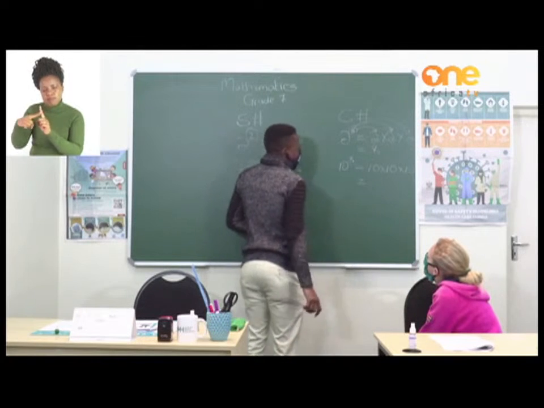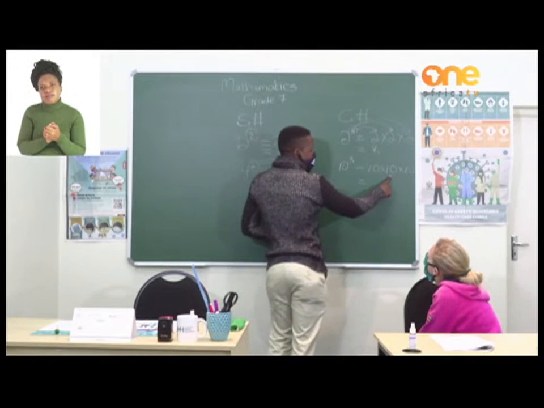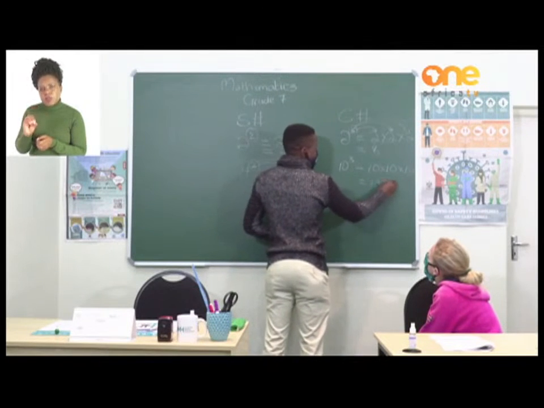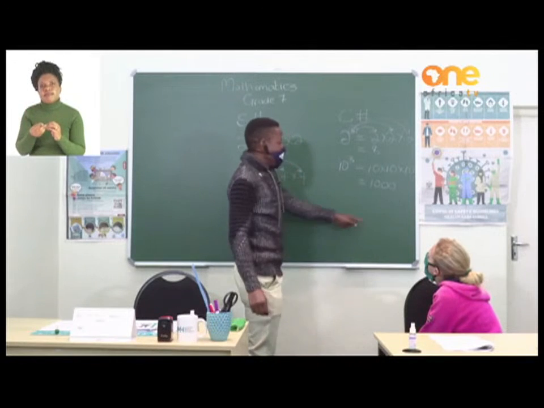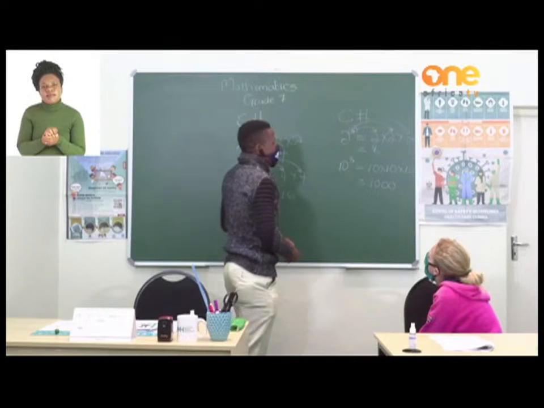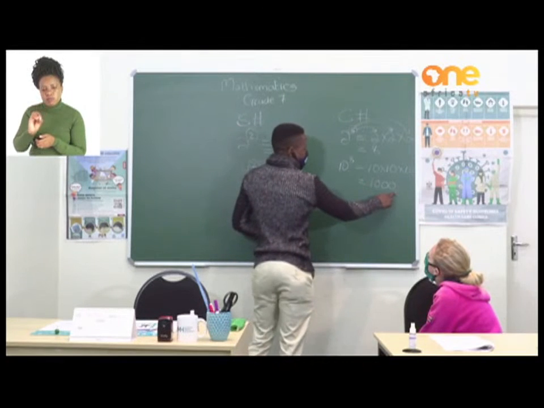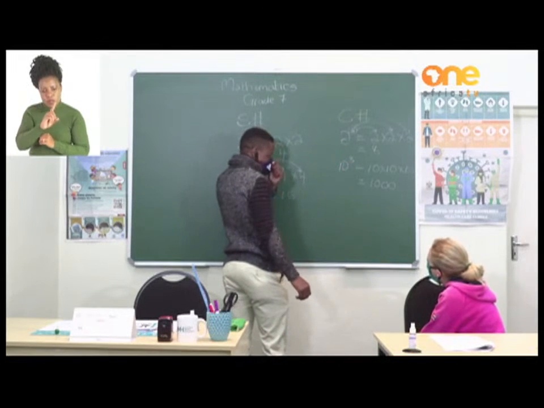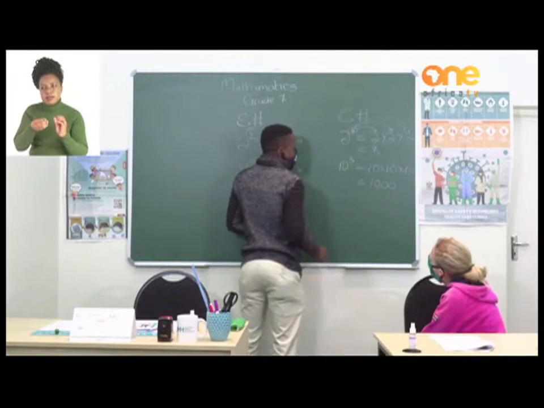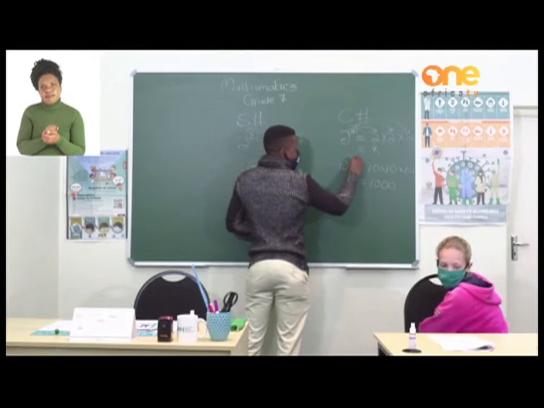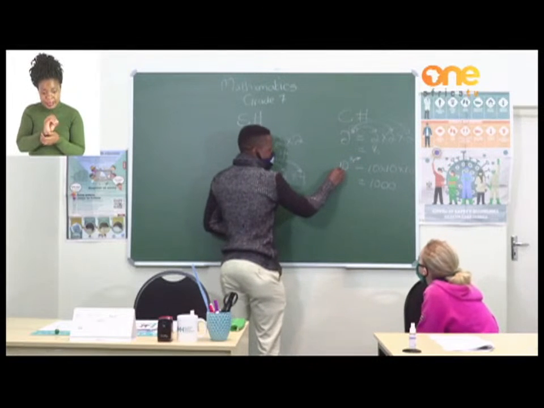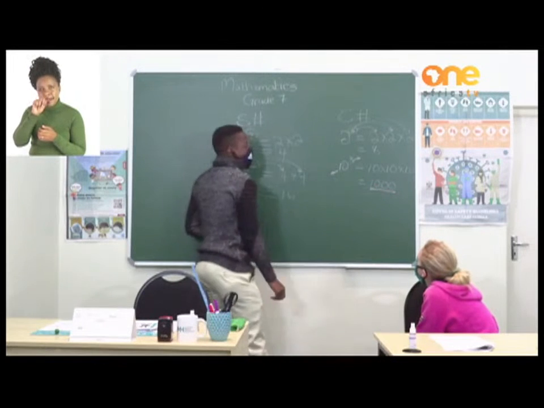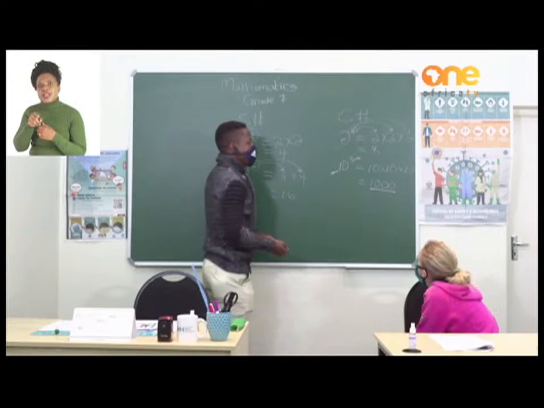Then we say 10 times 10 gives you 100, and 100 times 10 gives you 1,000. So we say 1,000 is a cube number coming from 10 cubed, 10 times 10 times 10. This is an exponent, this is a base, and this is a cube number, or we can say the product.